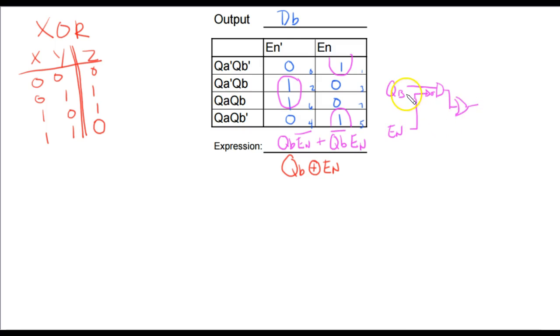I'm going to need the same thing this way: an inverter, an AND, and I'm going to go into that OR. And so I have 1, 2, 3, 4, 5 gates required in order to make this circuit.